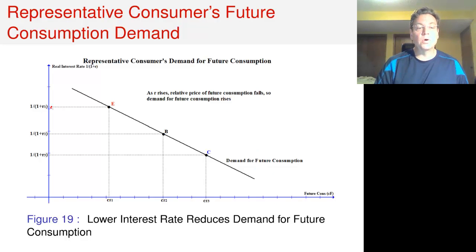This is associated with R1, and we have CF1, R2, CF2, R3, CF3. And so what we get then is that the demand for future consumption is also downward sloping when what we have on this axis is the relative price of future consumption, 1 over 1 plus R.